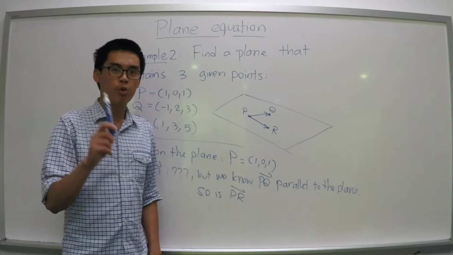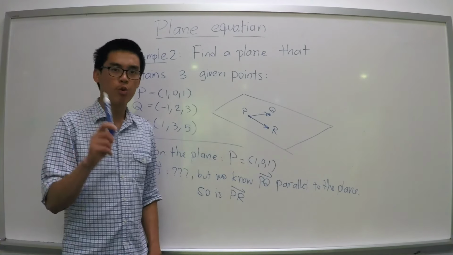Let's do the actual computation. As we discussed, the point on the plane will be 1, 0, 1. The vector normal will be the cross product of PQ and PR. PQ is a vector that starts at P and ends at Q, and the formula is Q minus P. So we get minus 2, 2, 2.